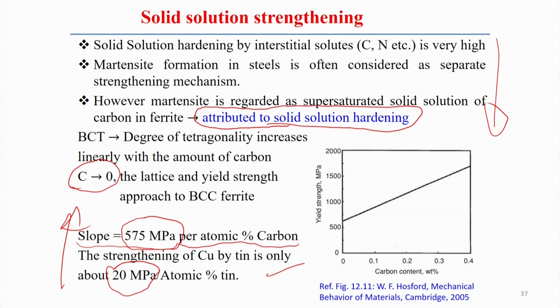Now, we have discussed the basic idea about the mechanism of the solid solutions and solid solution strengthening, and how we can impart the strength by forming the different solid solutions, and what are the types of solid solution, interstitial and substitutional solid solution. So, the increment of the strength level in these two cases are different.